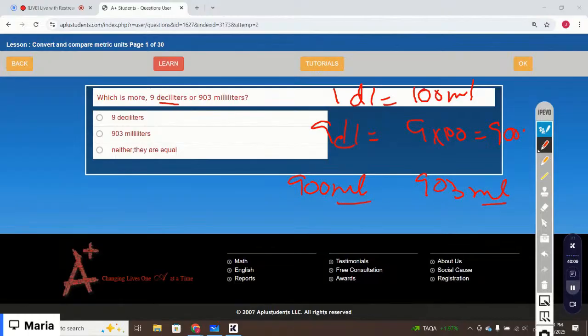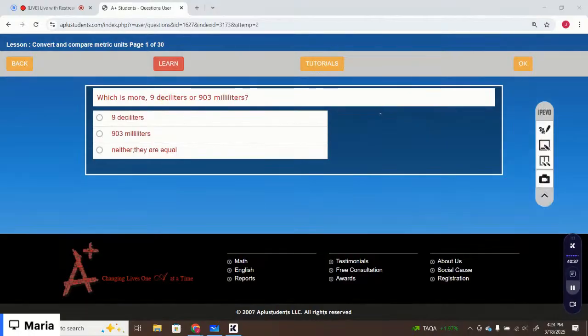See, they both have now the same unit. So 900 is less than 903. So 903 milliliters is more than 9 deciliters. Got it?